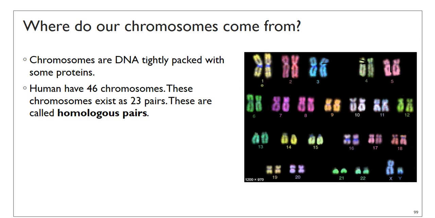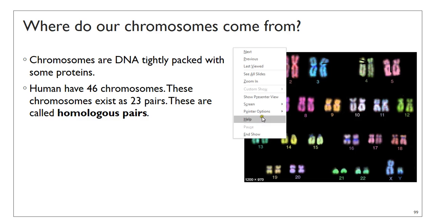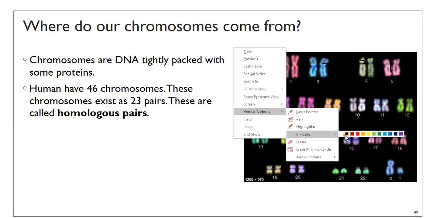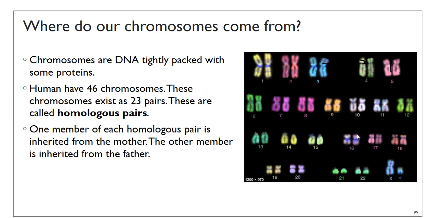So they're not 46 completely different pieces of chromosomes. You will have 2 of chromosome 1, 2 of chromosome 2, and then 3 and 4, and so forth. And the way that this works, I'm just going to change the color, is one member of each pair you inherit from your mother. So let's say this is going to be from mom. Then you're going to get one member of each pair.